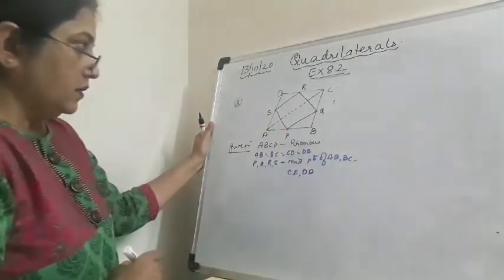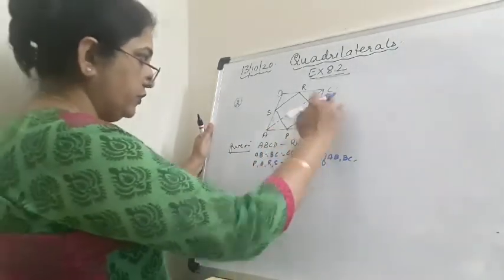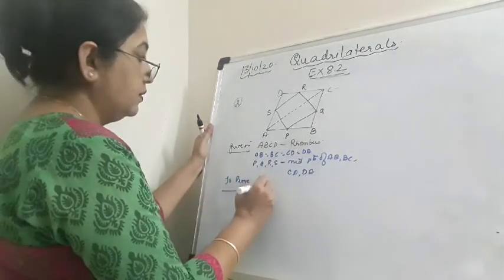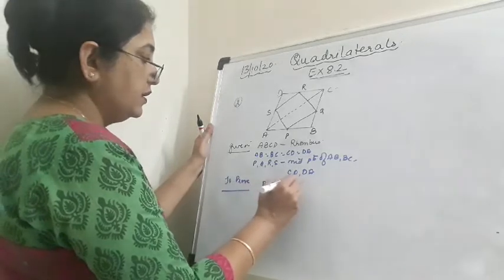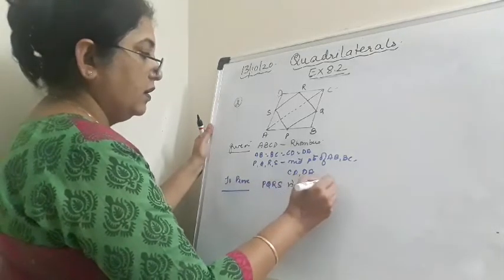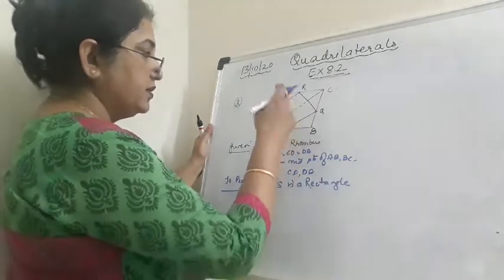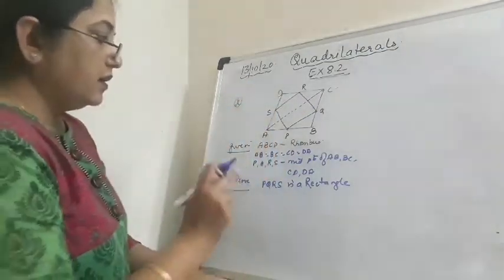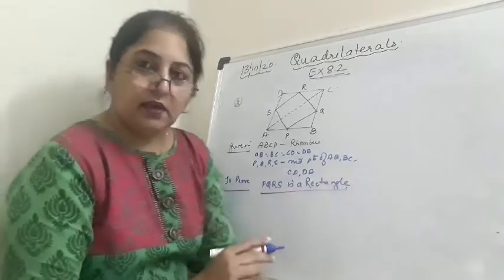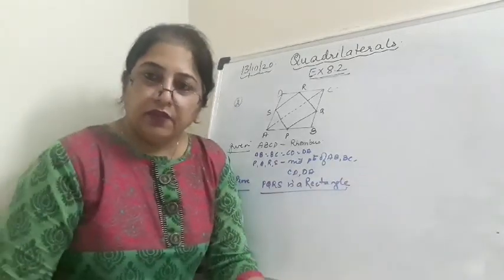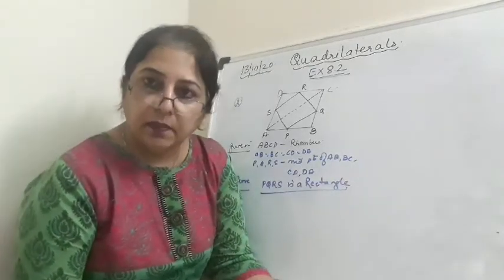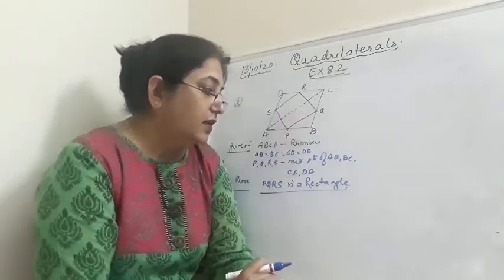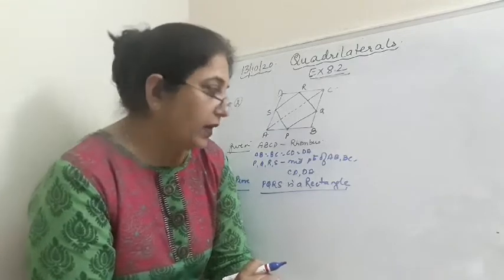To prove: PQRS is a rectangle. If we prove that PQRS is a parallelogram with one angle equal to 90 degrees, then we can say that PQRS is a rectangle. Understood? First I prove that PQRS is a parallelogram, and then I show that one angle is 90 degrees, so PQRS is a rectangle.